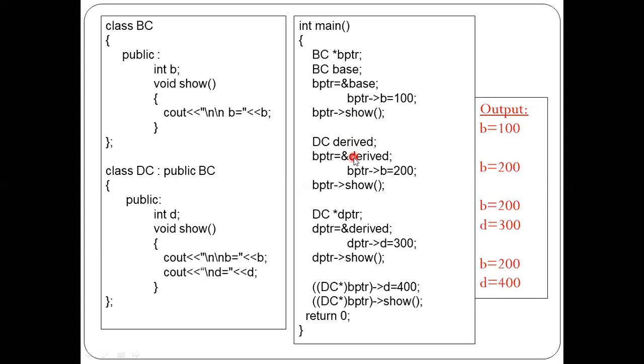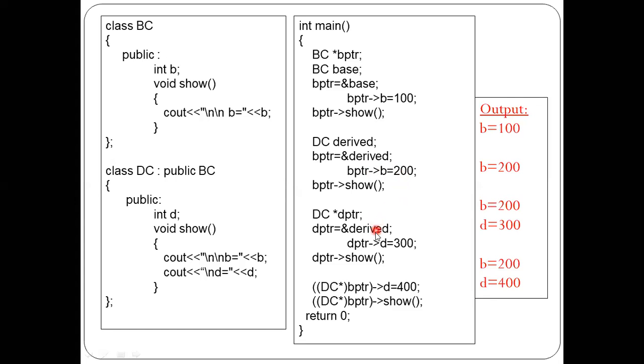Next we initialize that value with the derived class: bptr is equal to ampersand of that object, so the pointer holds that value and points to that class. Here this b value points to a derived class, and we show the value 200.